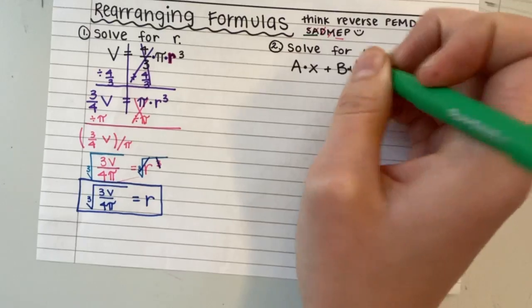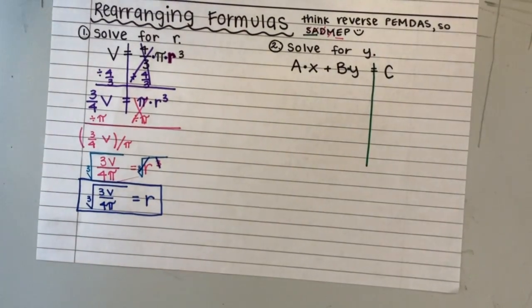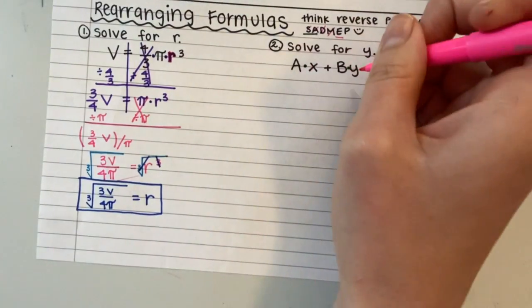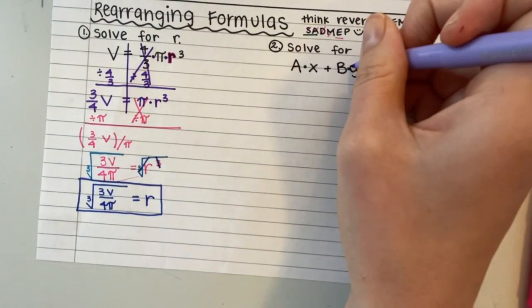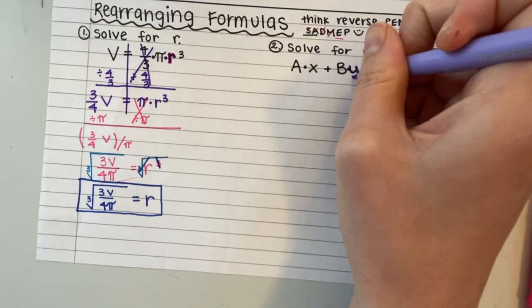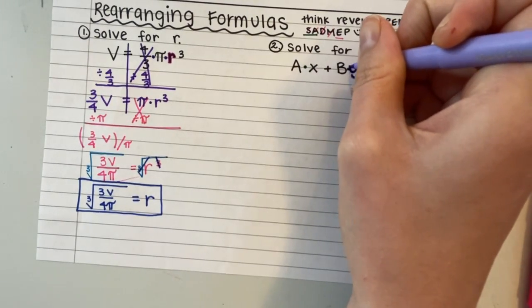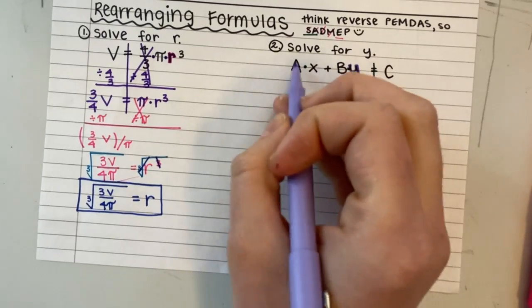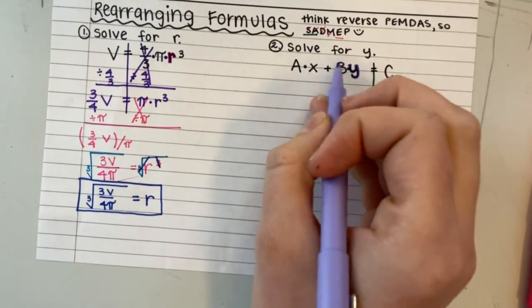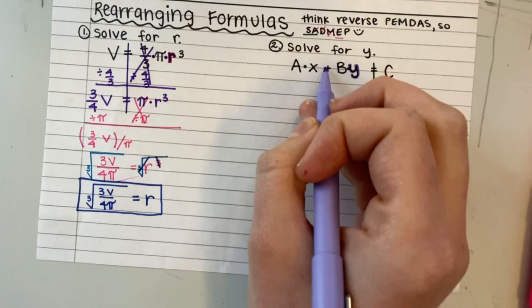We're solving for y. So the idea of this problem is to get this y by itself. So right now, y is on a side with ax, and those are being combined with addition.